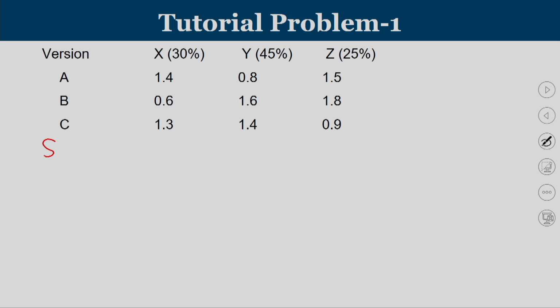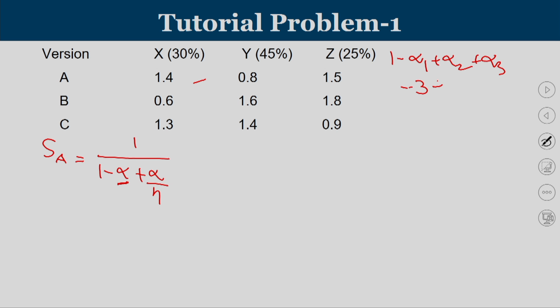The speed up for version A can be defined as 1 by, since the first version, (1 minus alpha) plus alpha by n, where alpha is the component that gets affected. Now, in this case, if you look into alpha 1 plus alpha 2 plus alpha 3, alpha 1 we can see that it is 30%, so it is 0.3, alpha 2 it is 0.45 and alpha 3 it is going to be 0.25.